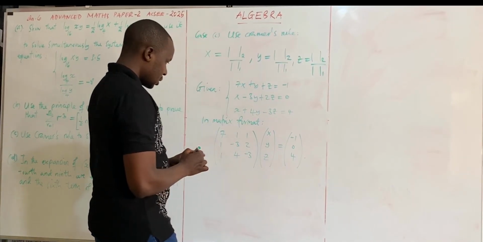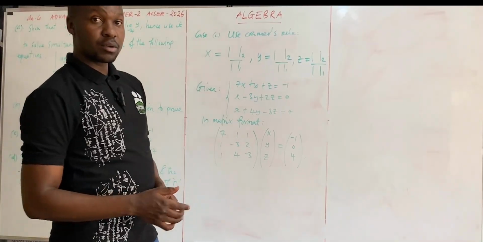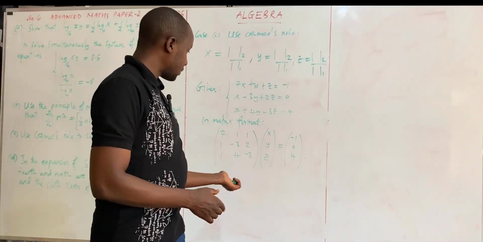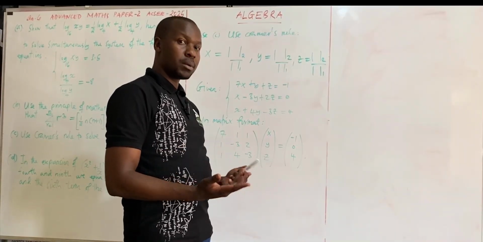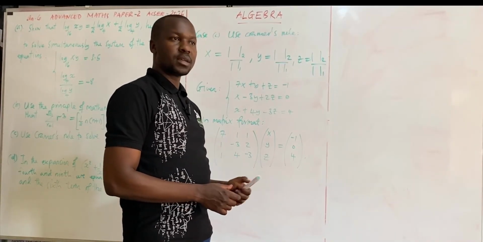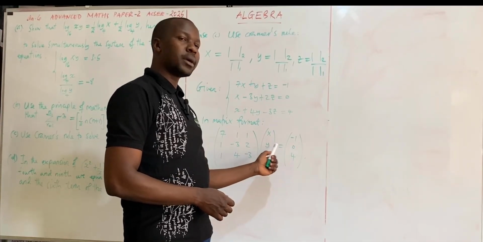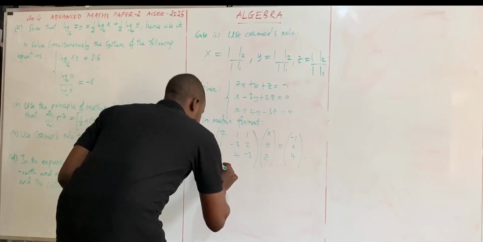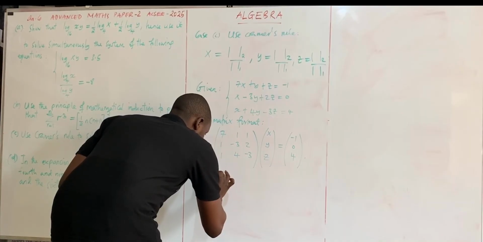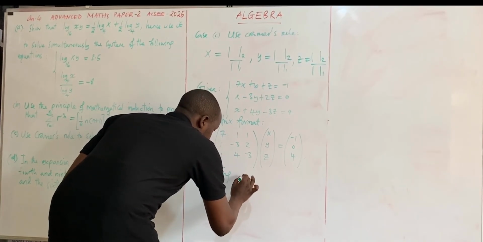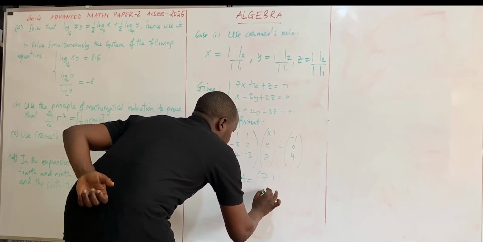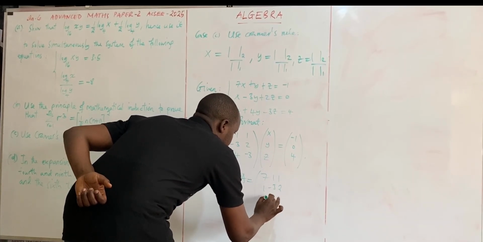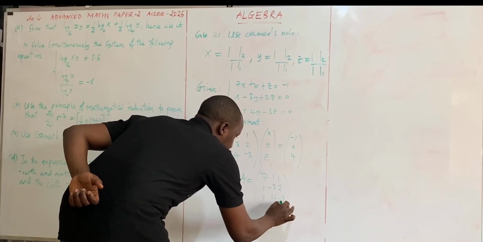Now from here, we are going to let the square matrix equal A. The square matrix that we have here is the matrix where the number of rows and number of columns are equal. So this is the only square matrix present here. All these are not square matrices. So letting A represent this square matrix: 7, 1, 1, 1, -3, 2, 1, 4, -3.